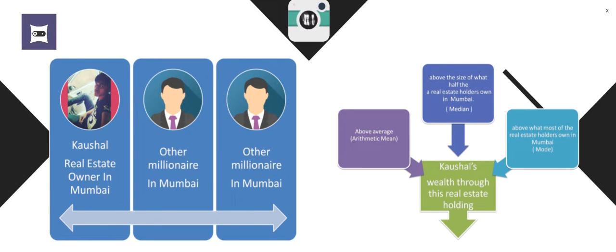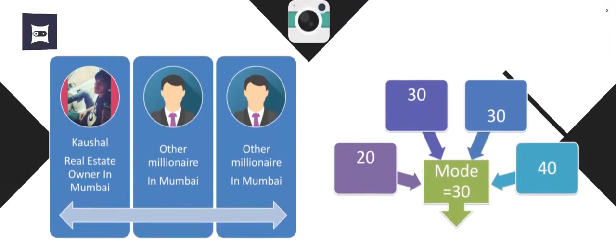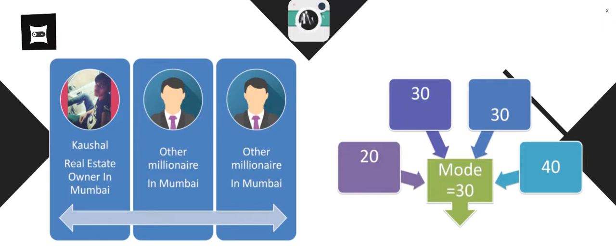Also, in order to find the mode, Kaushal will have to find what most of the real estate holders own in Mumbai. To understand mode, let's consider there are 4 millionaires, 4 real estate holders in Mumbai, and their holdings are as follows: 20 acres, 30 acres, 30 acres and 40 acres.